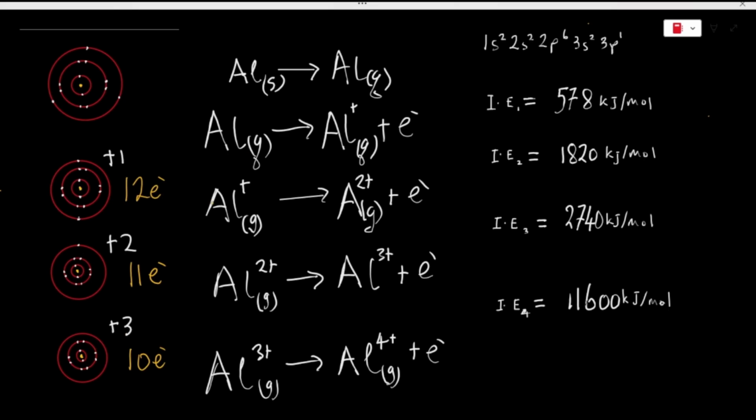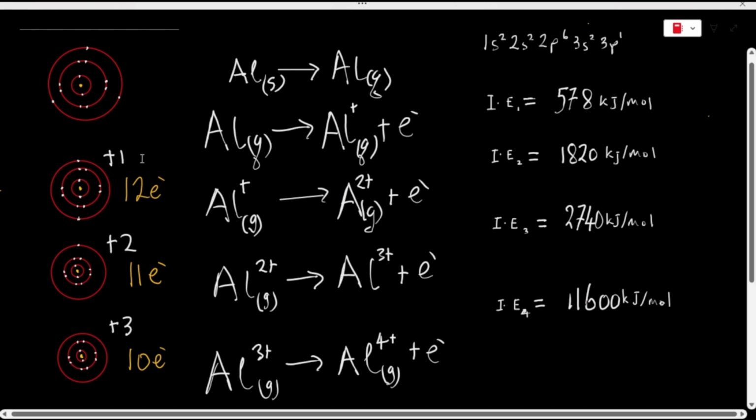Now, the more electrons are removed, the smaller the size of the atom, because the fewer the electrons, the greater the nuclear influence on the remaining ones. It means a greater grip on the remaining ones, and the more firmly or tightly the remaining electrons are held. And so the more electrons are lost, the smaller the ion becomes.